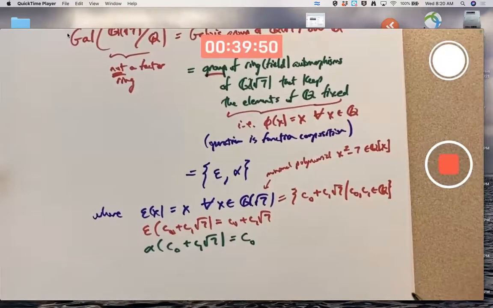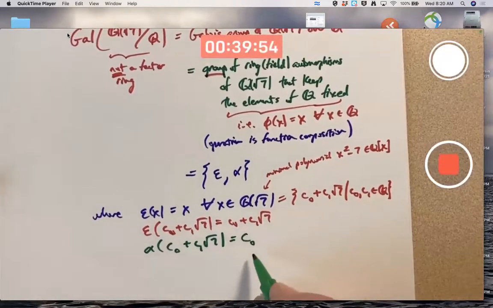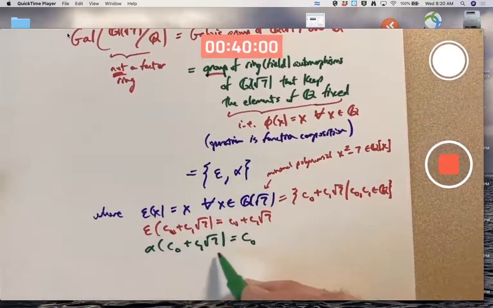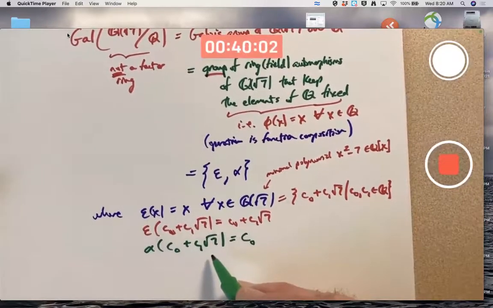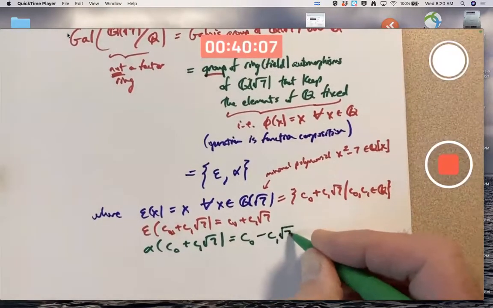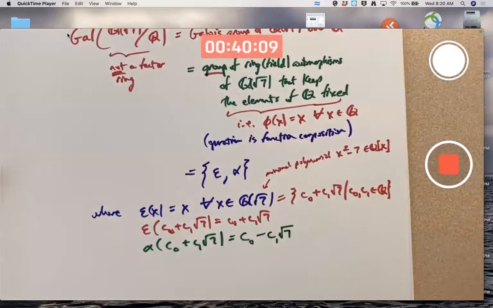But is that the answer? No, that's not the answer. That mapping is actually not going to be an automorphism. What should I map this part to, so to speak? Turns out you want to map it to minus C1 root 7, though I haven't explained why.